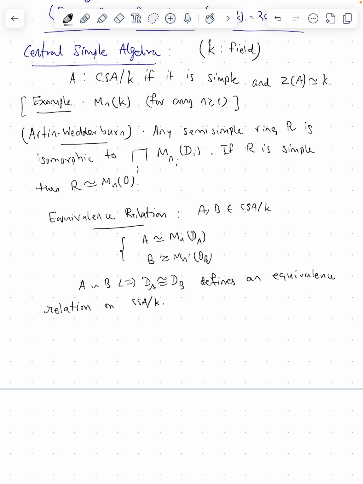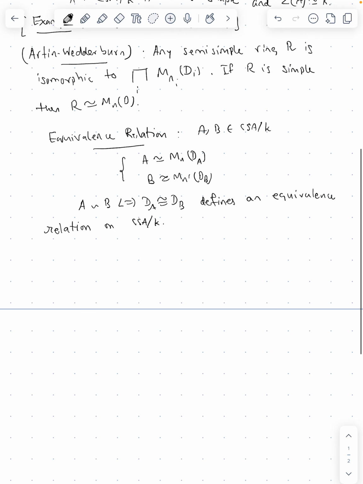And one can show that a tensor product of two central simple algebras is another central simple algebra. So under tensor product, this is closed.